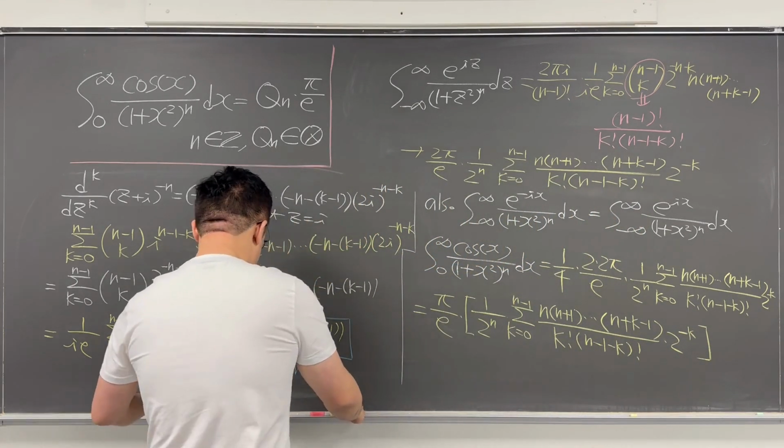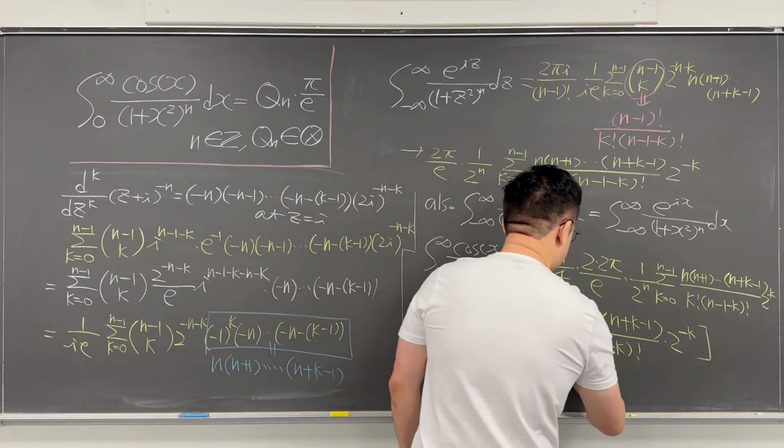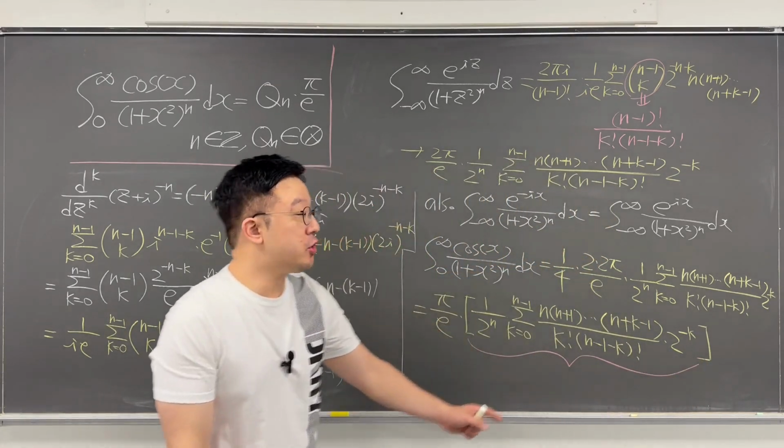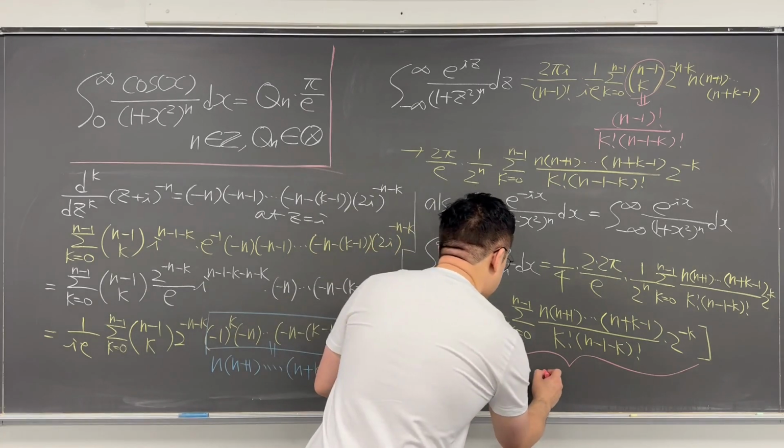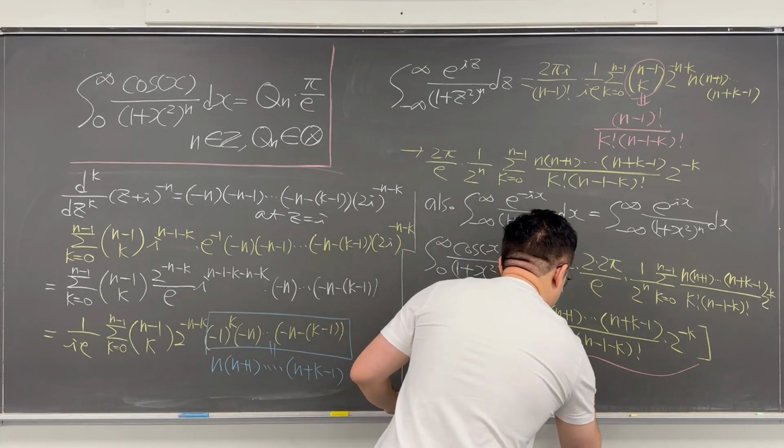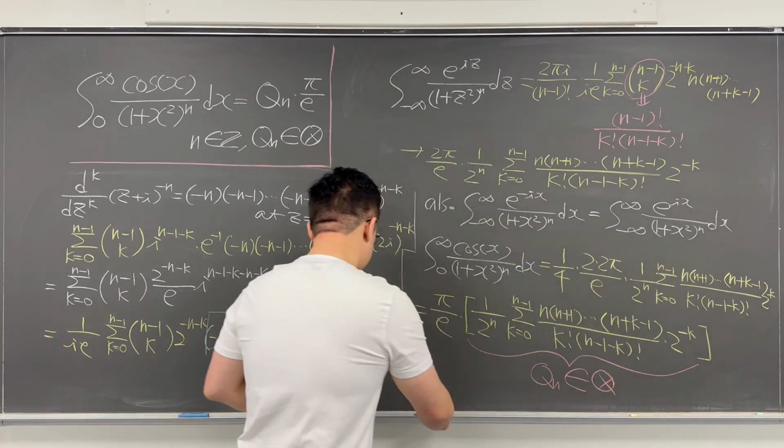And then we can say this bracket has to be your Qn, right? So this has to be your Qn. That is the rational expression.